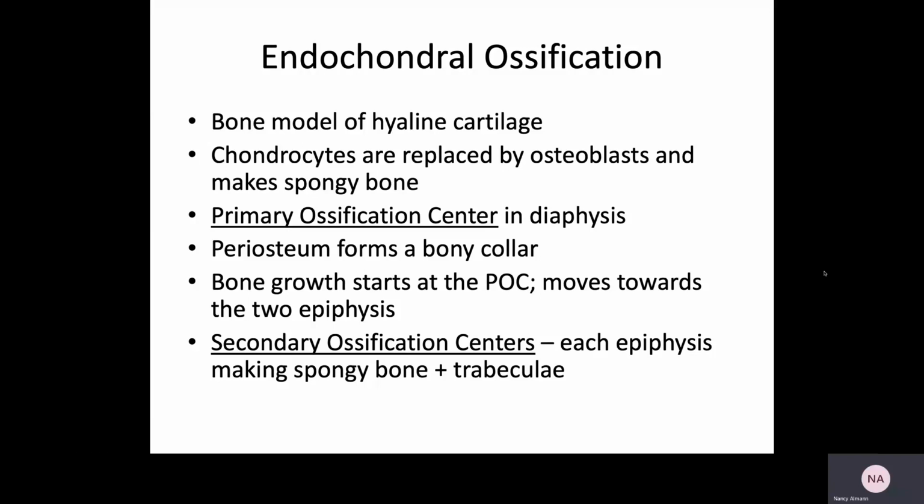And as that forms, periosteum is actually going to start to form around the diaphysis. Bone growth is going to start at that primary ossification center and will move towards both epiphyses. Each epiphysis will have its own ossification center, the secondary ossification centers, which are going to form both spongy bone and the trabeculae associated with that spongy bone.